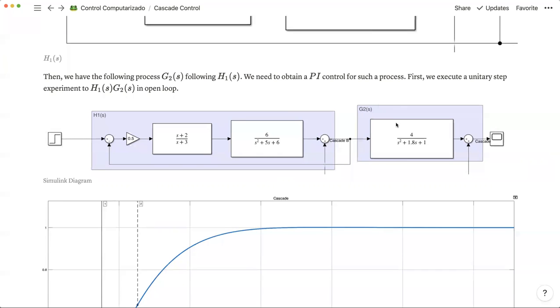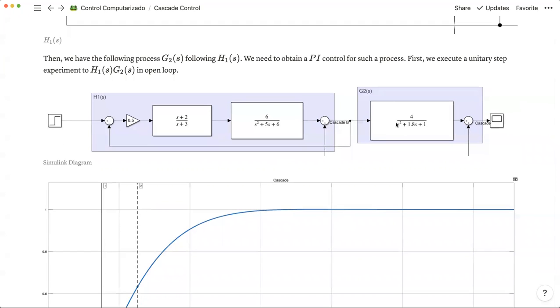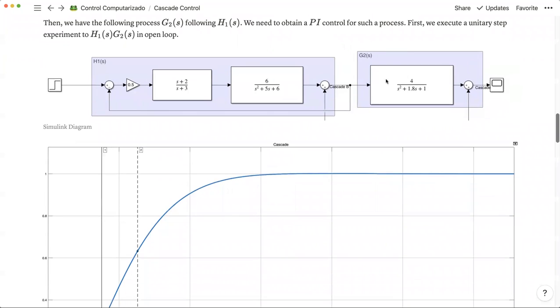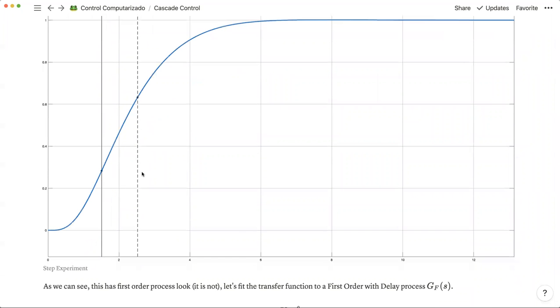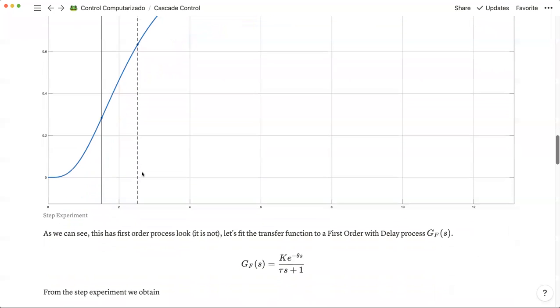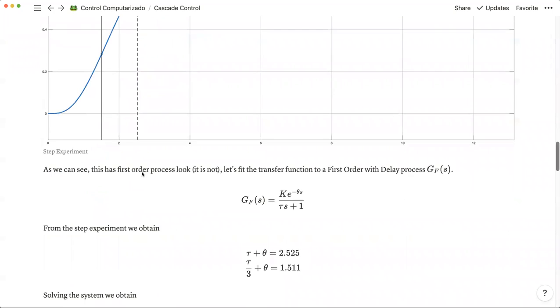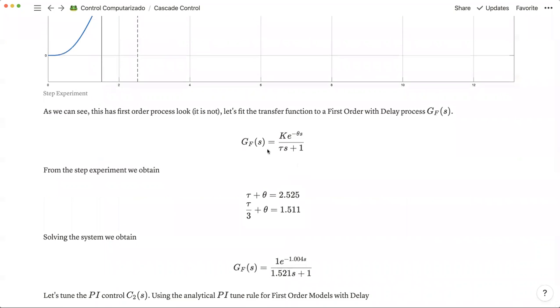And for that, we will execute a unitary experiment for the whole process in series, and we obtain a first order like graph. So that means that we can fit the process to a first order with delay model, GF of S, like this.